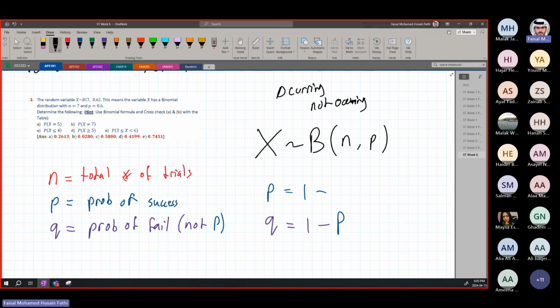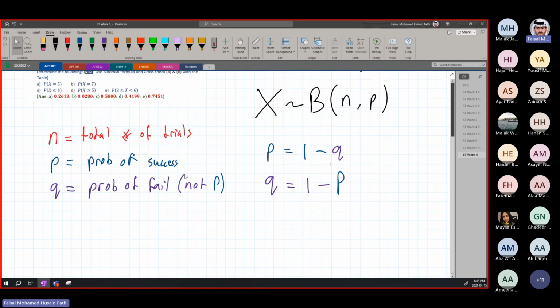So if it's not going to succeed, it's going to fail. If it's not going to fail, it's going to succeed. That's what Q is. So if you want to find Q or P, this is how you'll find it. Most of the time they will give you P and you will have to find out your Q. So your Q is always just 1 minus P.